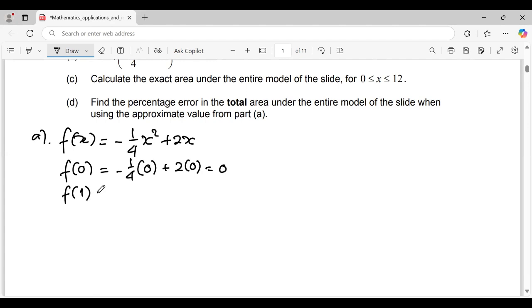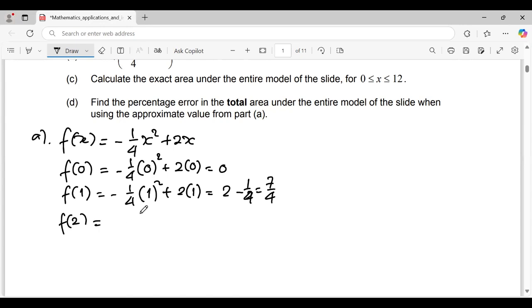If x equals 1, minus 1/4 multiplied by 1 squared plus 2 multiplied by 1. This is 2 minus 1/4, which is 8/4 minus 1/4, 7/4.